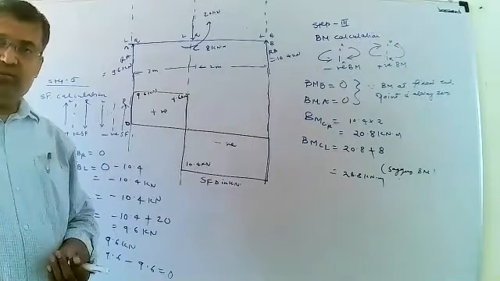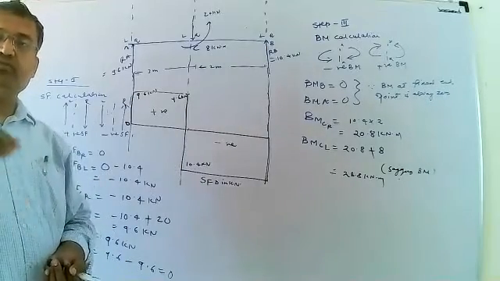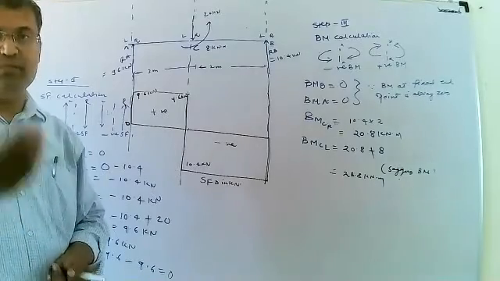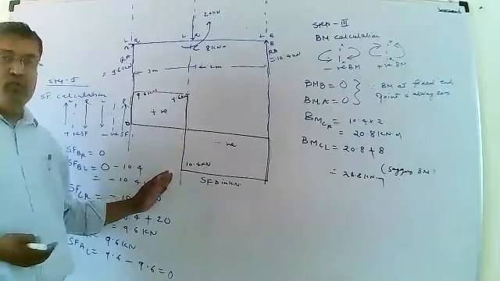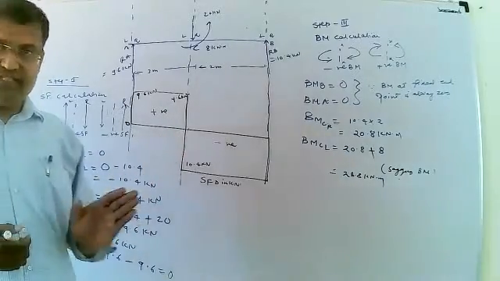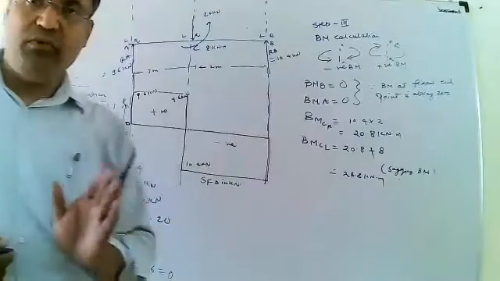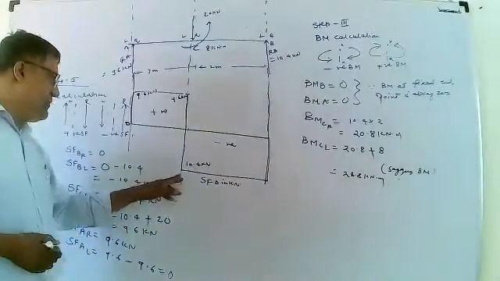Negative values are plotted below the baseline, whereas positive values are plotted above the baseline. According to that rule, the value at the right side of the point C is negative, minus 10.4 kilonewton.